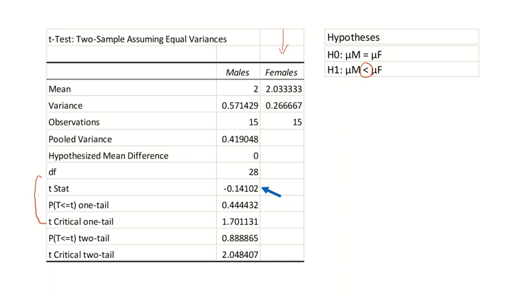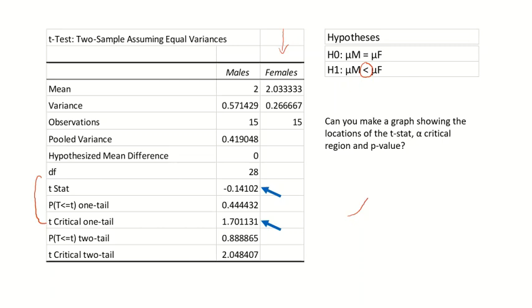The t-statistic is negative 0.14, and our critical value for a one-tailed test is 1.701. Can we make a graph showing the locations of the t-stat, the alpha or the critical region, and the p-value?